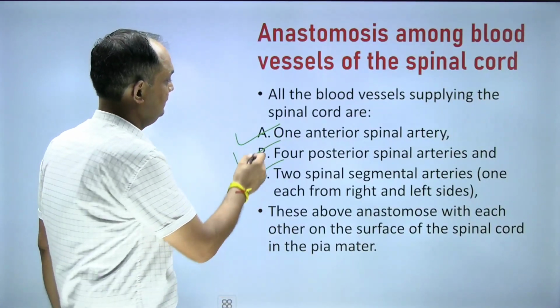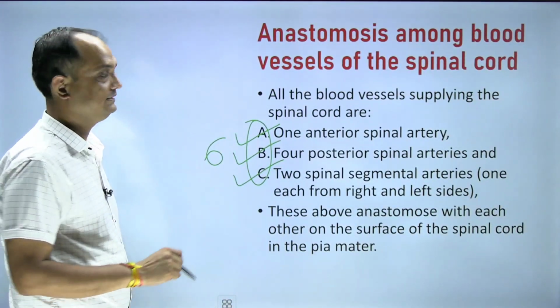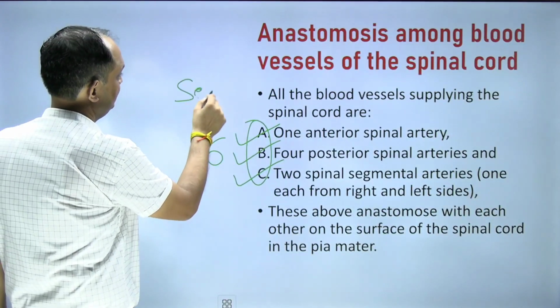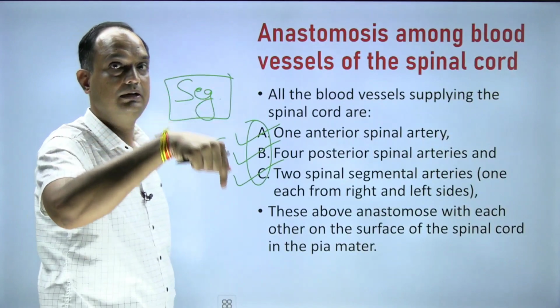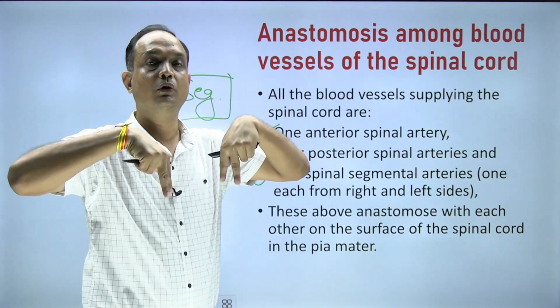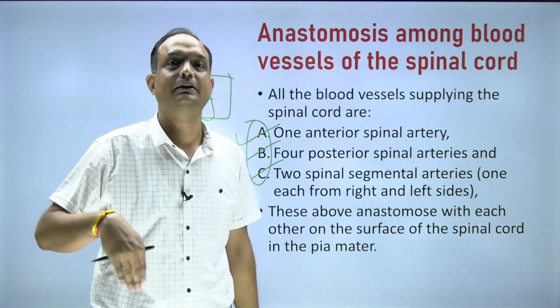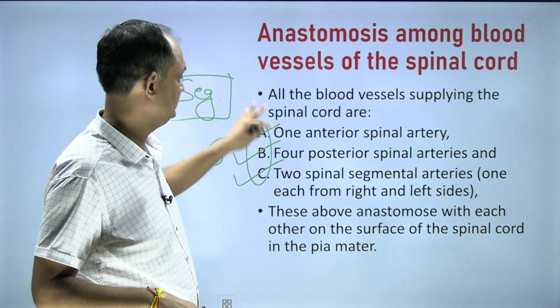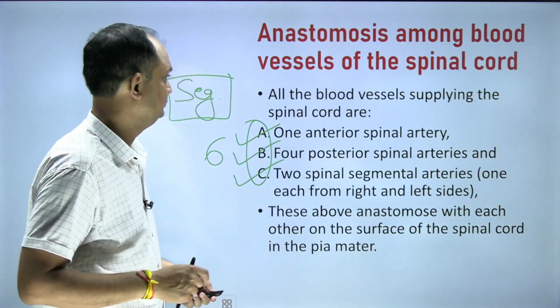So in total you will find that there are 6 arteries supplying a single segment. If you see a segment of a spinal cord, it has the anterior spinal artery, the 4 posterior spinal arteries and 2 segmental arteries. All these 6 arteries anastomose around the spinal cord and supply the whole neural tissue.